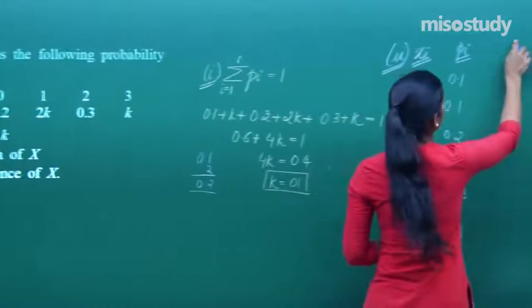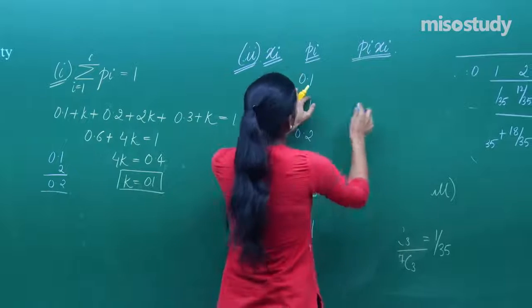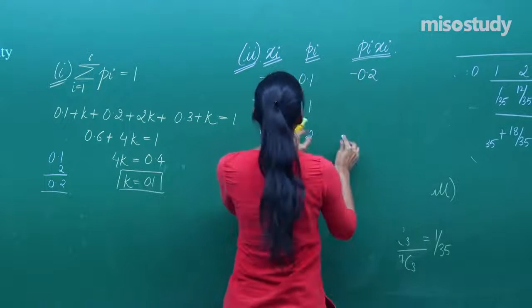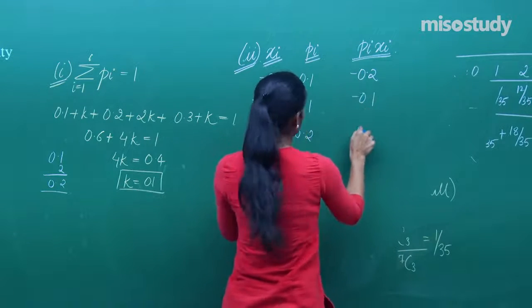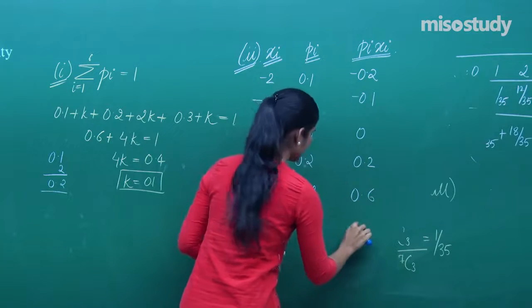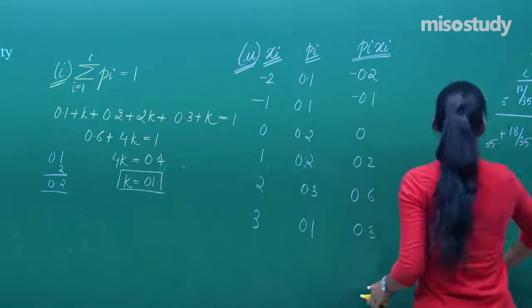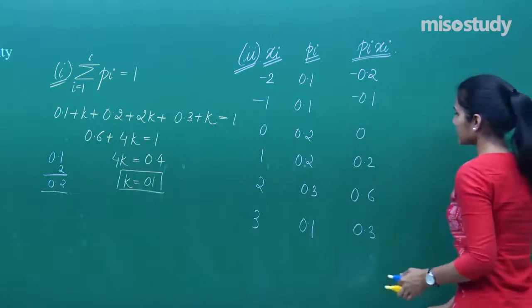This is pi. What is pi into xi? Minus 0.2, minus 0.1, this is 0, this is 0.2, this is 0.6 and this is 0.3. I am just multiplying pi's and respective xi's.